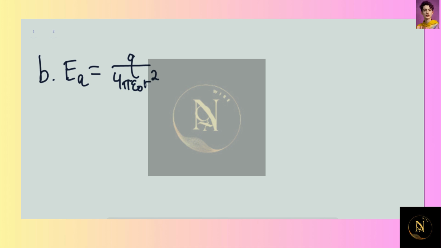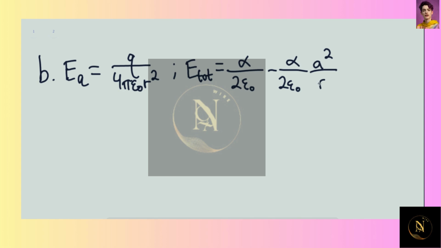And so the total electric field would be equaling alpha over 2 epsilon naught minus alpha over 2 epsilon naught times a squared over r squared, and then plus the electric field of the point charge, q over 4 pi epsilon naught r squared.